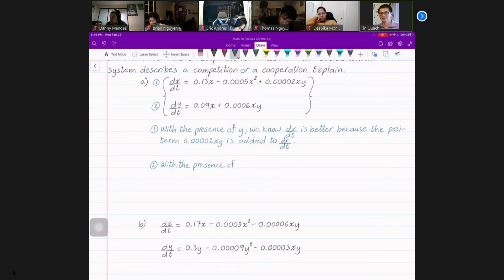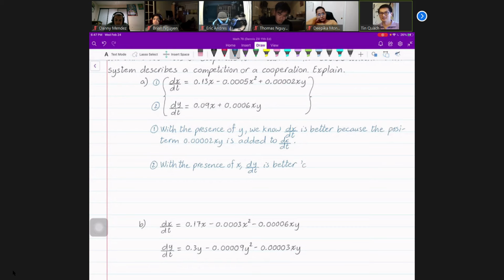So with the presence of x, how to say it, dy/dt is bigger because of the same reason.